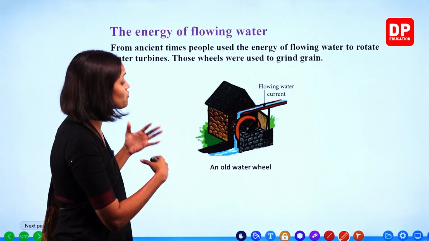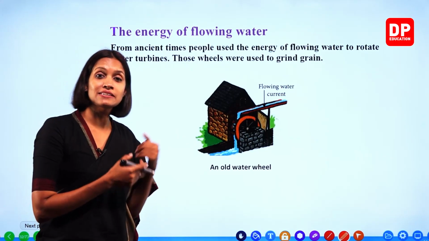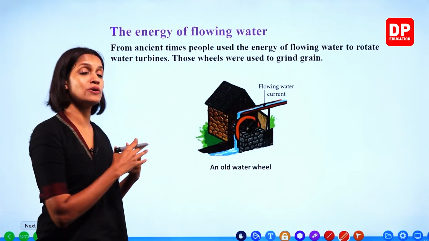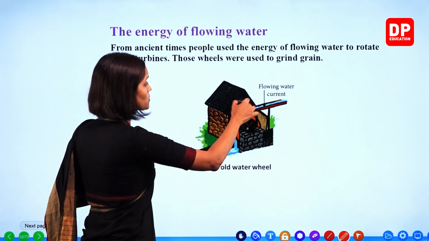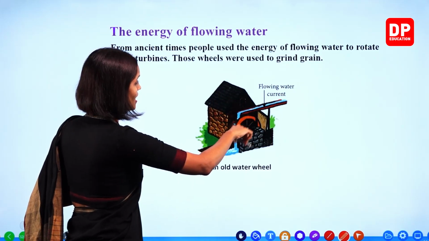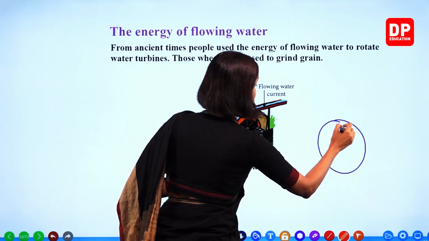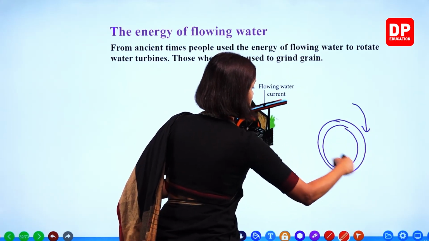These types of mills were known as water mills. Earlier we discussed windmills; these are water mills. You can see here, a water wheel is there. The water wheel rotates due to a current of flowing water.